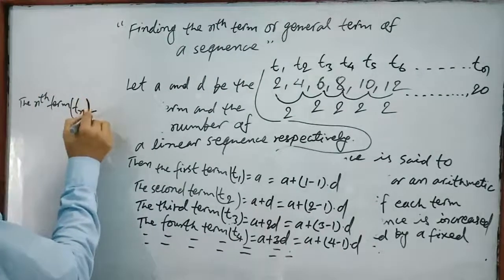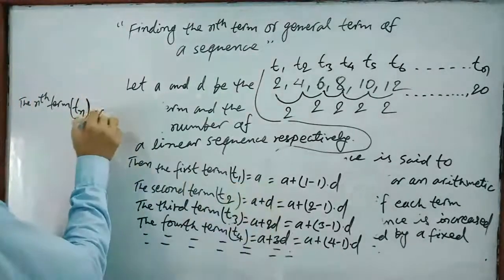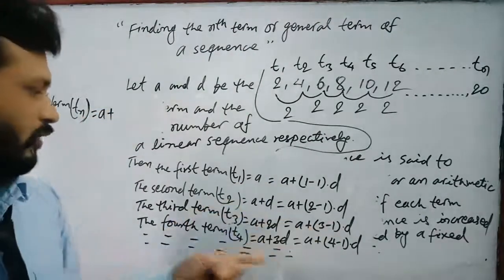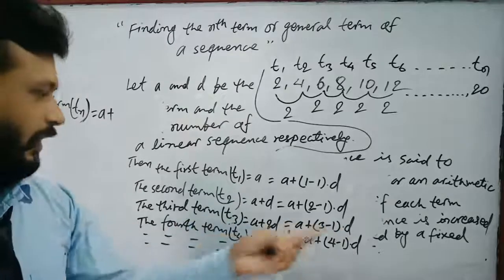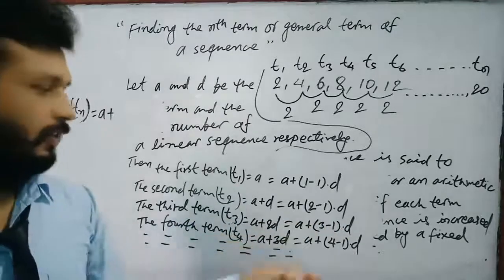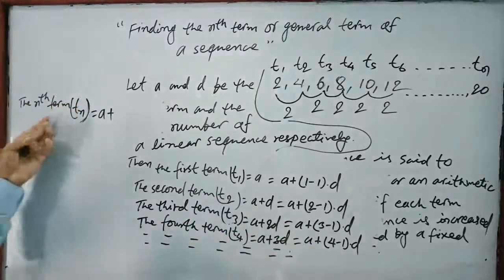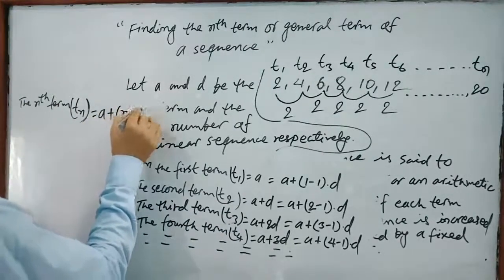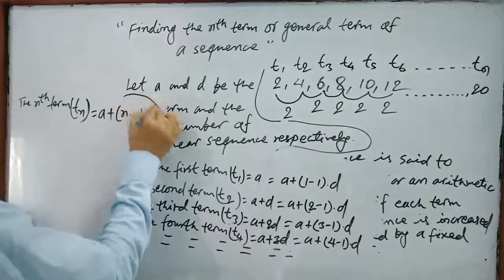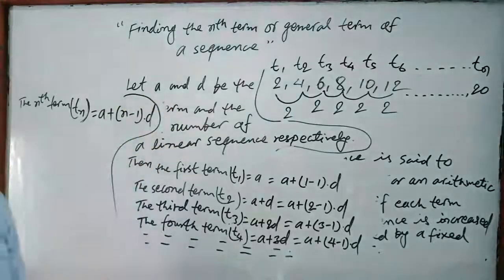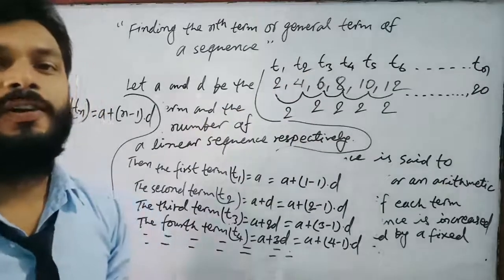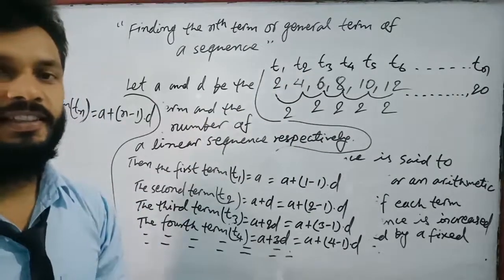Tn equal to a plus what? According to 2 minus 1, according to t3 3 minus 1, according to t4 4 minus 1, then according to tn we can write n minus 1 times d, which is the nth term of a linear sequence or of an arithmetic sequence.